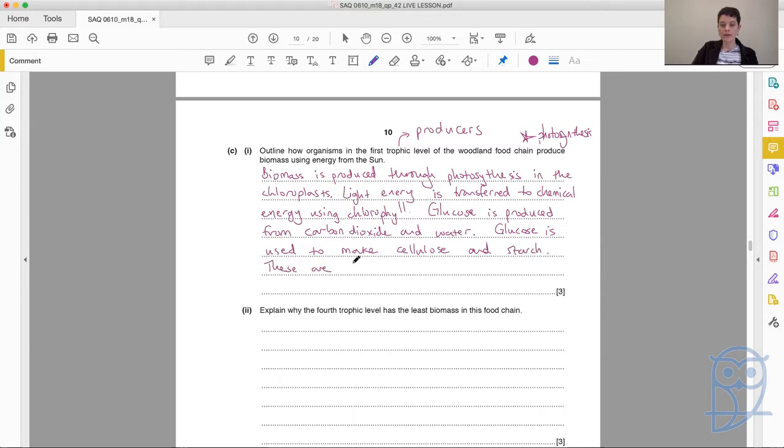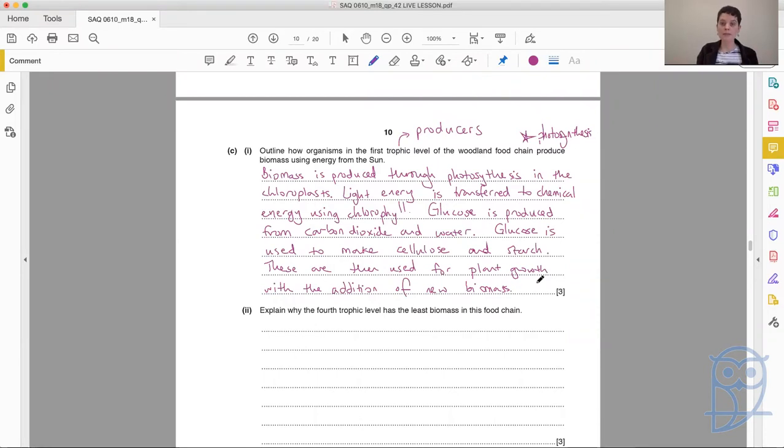These are being used for plant growth, with the addition of new biomass.